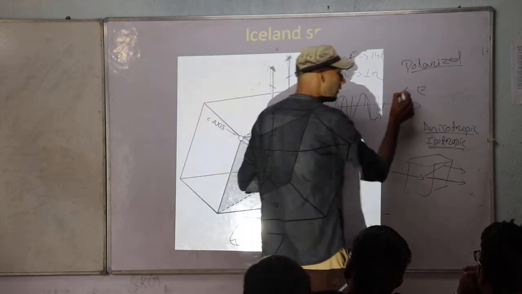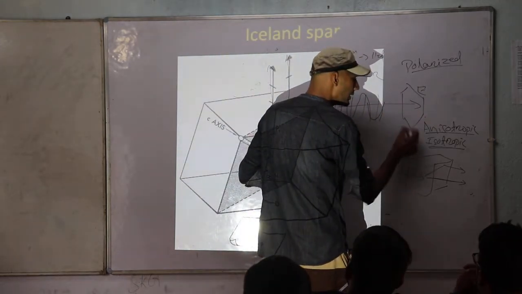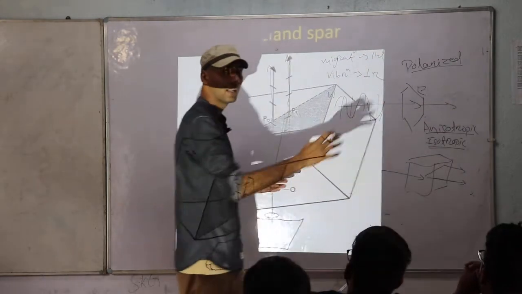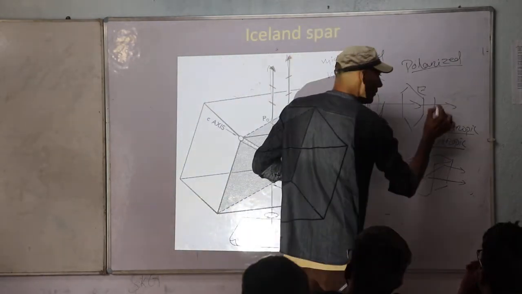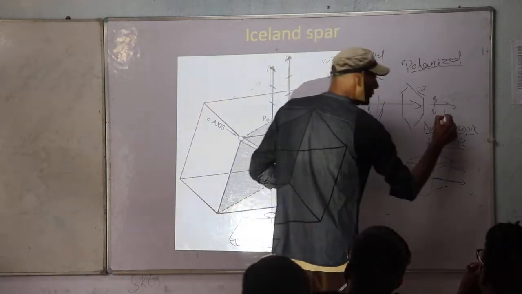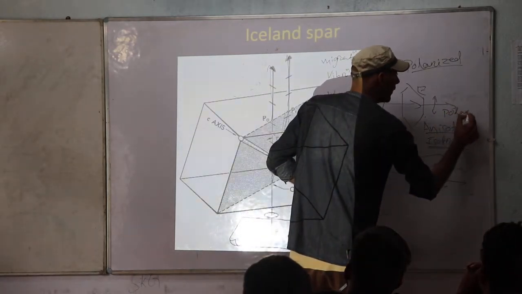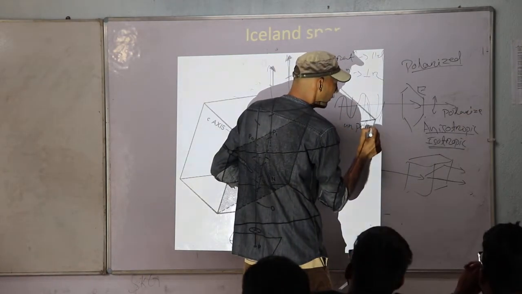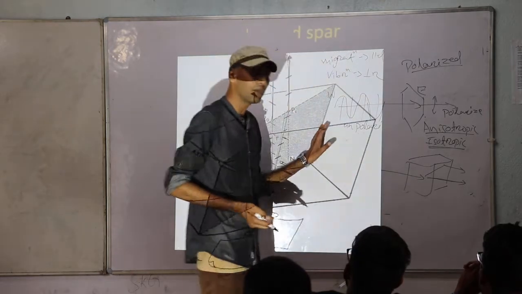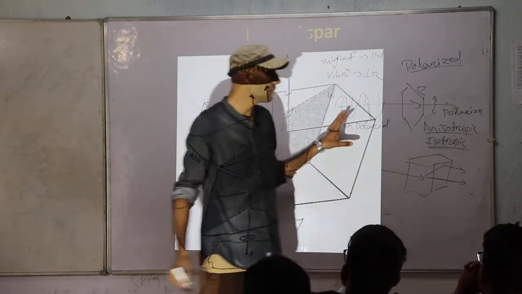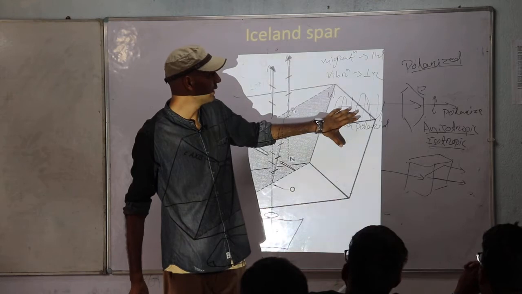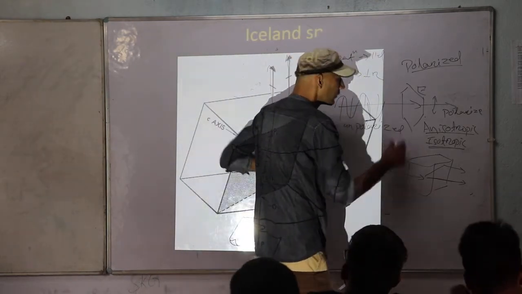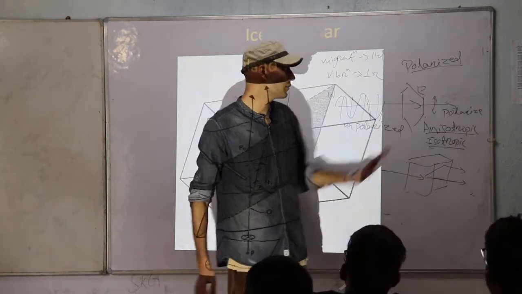When it enters a mineral, we are going to see in the next slide, after moving away from the mineral, it will have a single vibration. So here it is polarized, and before that, that is unpolarized. When that is vibrating in many planes, that is unpolarized. When that is vibrating in a single plane, that is polarized.